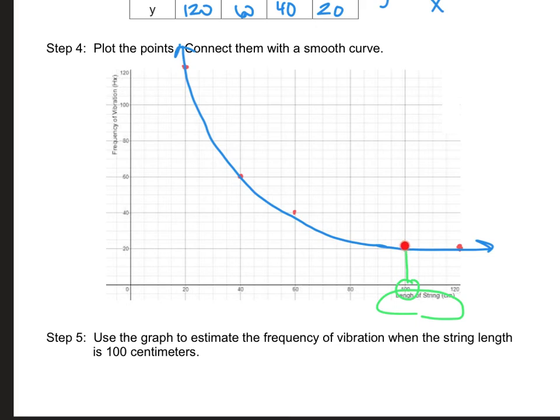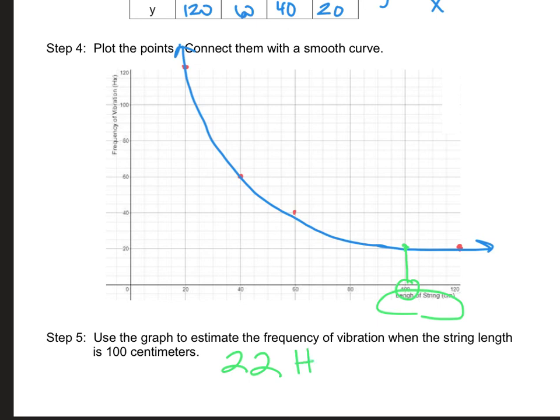I'm going to estimate. If I head over to the left, that's at 20. I can see these are counting by fives, right? 25, 30, 35, 40. So it's just a little bit more than 20. Maybe I'll estimate that it is 22. That the frequency of vibration is 22.